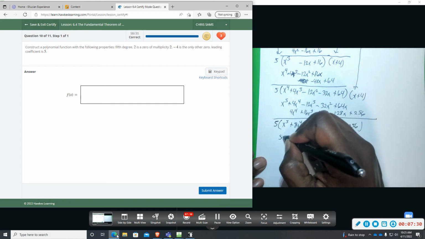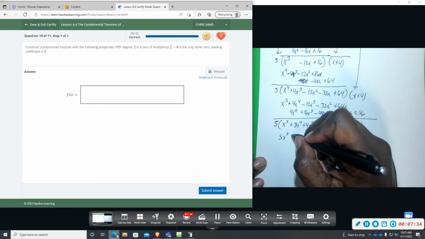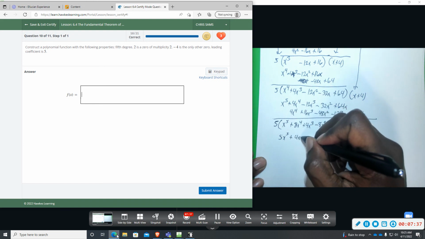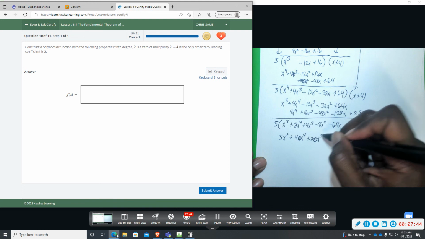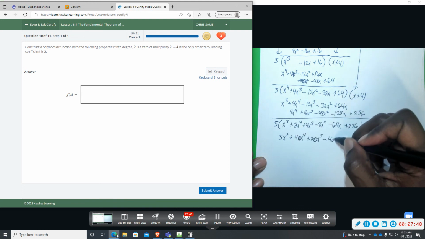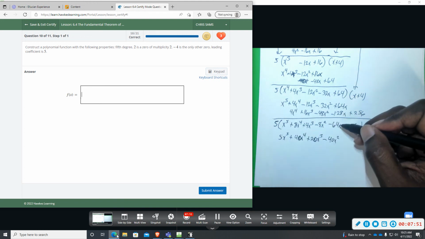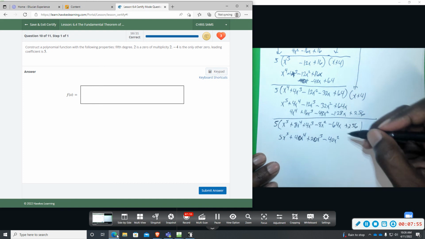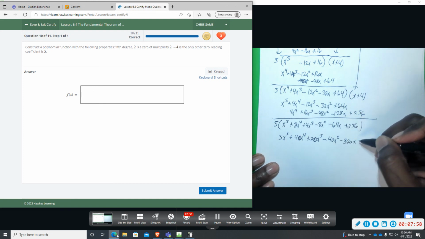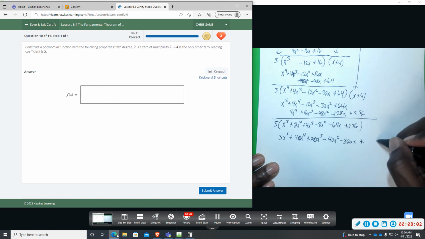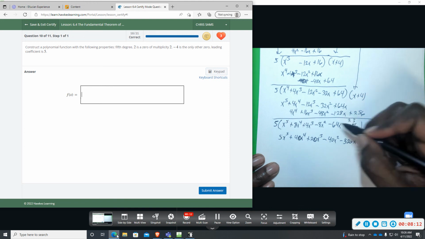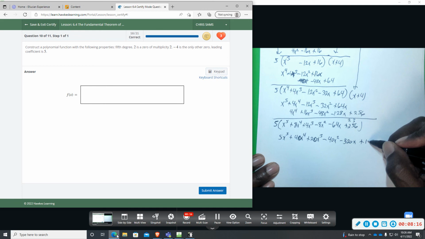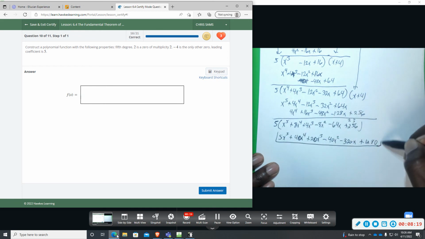I get 5x to the 5th plus 40x to the 4th plus 20x to the 3rd minus 40x squared, and then 5, that's 20, 32, 320x, negative 320x, and then 5 times this will give me 30, carry 3, 5 times 5 is 25, 26, 27, 28, carry 2, 5 times 2 is 10, plus 2 is 12, so 1280. So this looks like our polynomial.